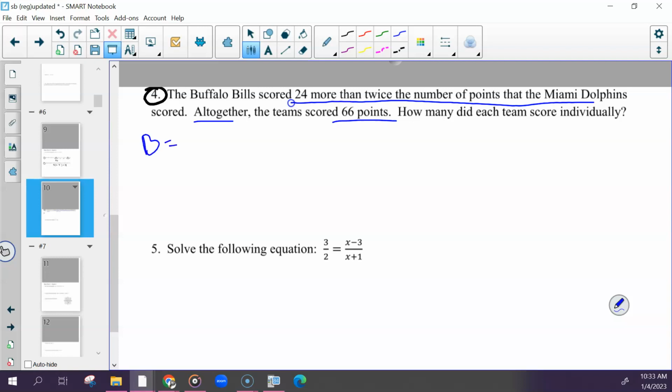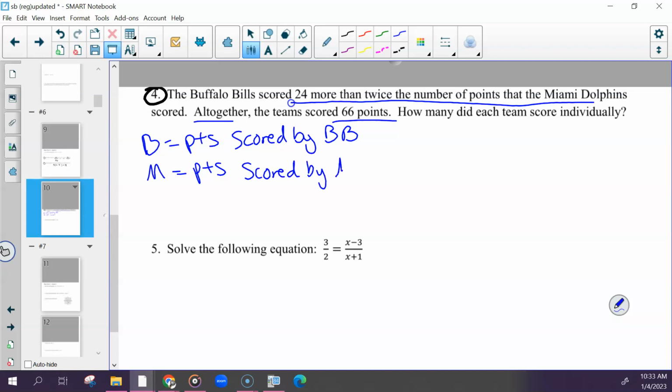Variables, I'm going to say B and M for points scored by both. And then one of our equations, all together, they scored 66 points, so we'd be adding B and M.